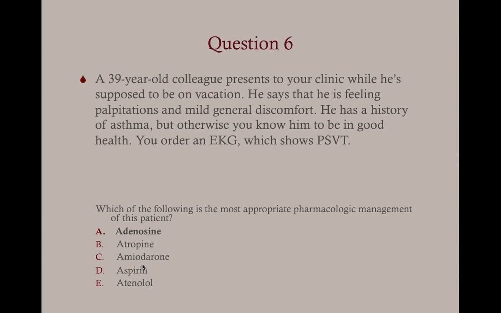You can also use that in patients who are having multiple ventricular depolarizations. Aspirin is used for patients with MI, and atenolol, well, that's a beta blocker, so that's not going to be used in any arrhythmia, really, for acute care.